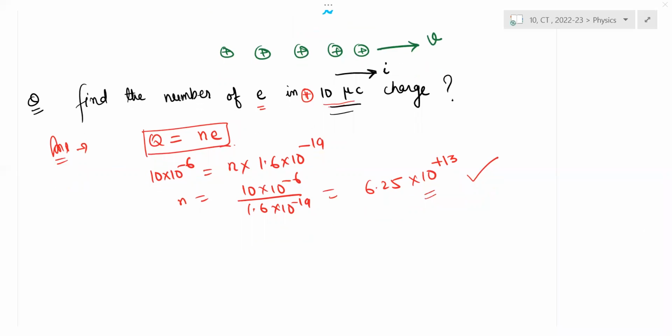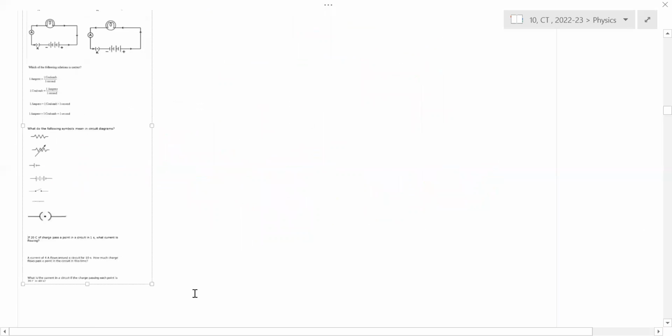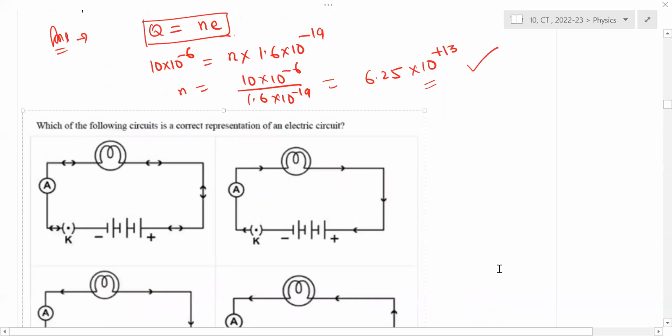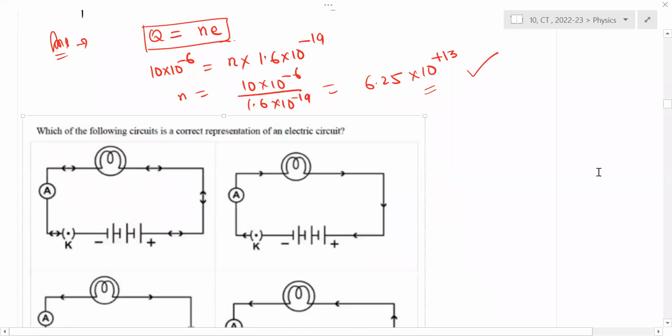Okay, so we will discuss the homework now. Question one: which of the following is a correct representation of an electric circuit?